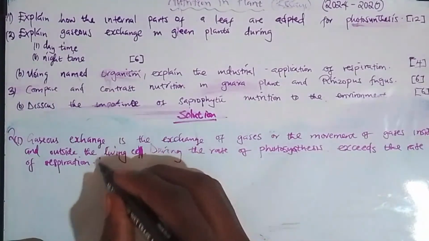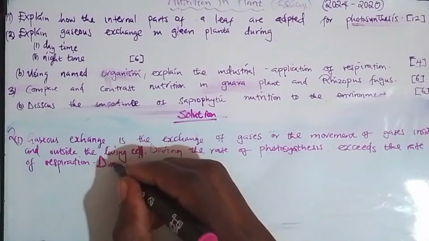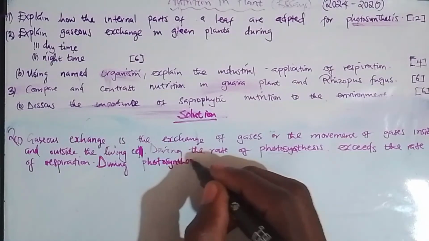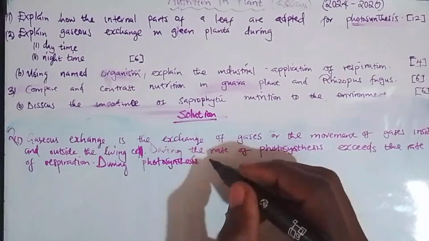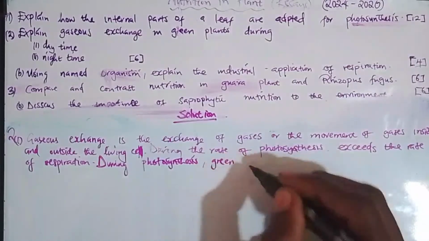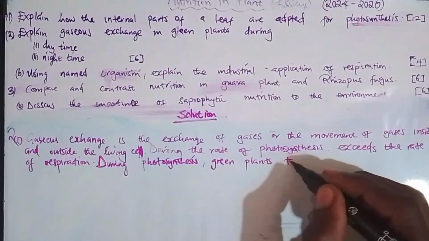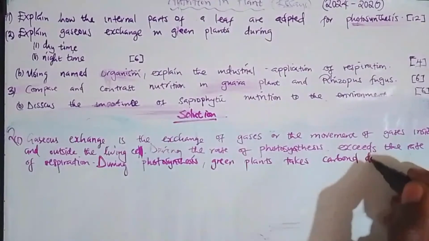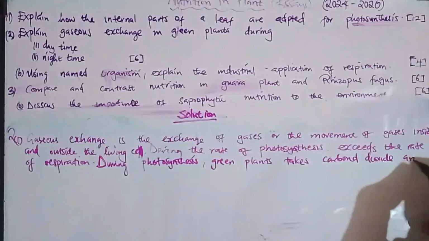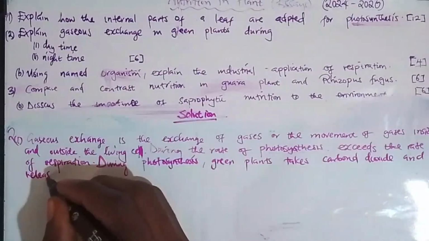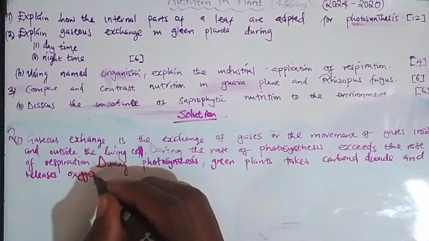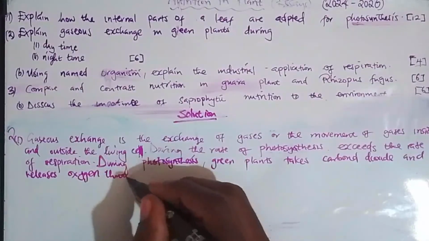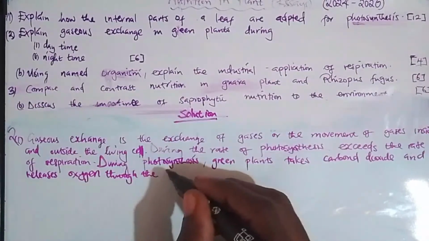So now you can say, during photosynthesis, green plants take in carbon dioxide and release oxygen, through the stomata.